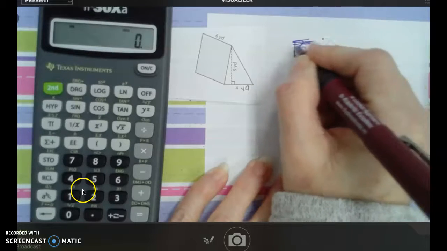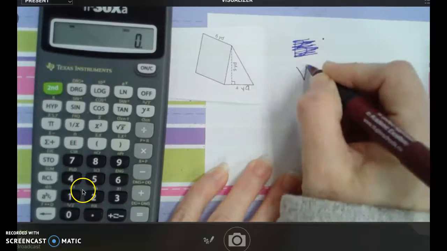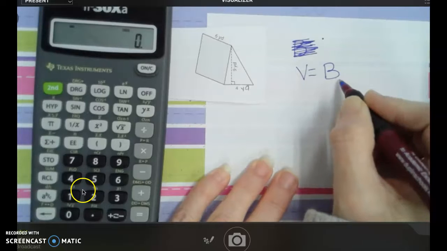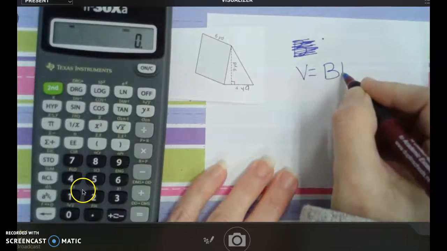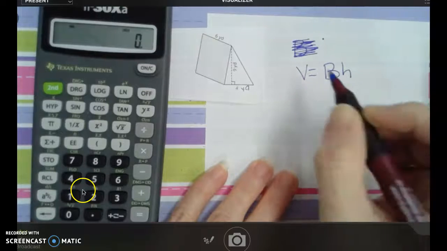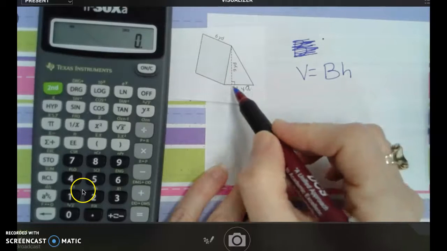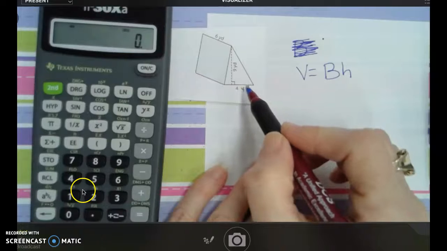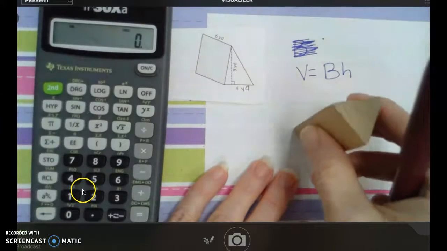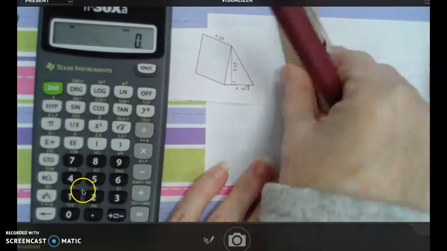I was thinking about the area of the base, sorry. Volume equals the area of the base, capital B, times the height. So remember, the base is always a triangle. Even though it doesn't look like it's sitting on that triangle, that's really the base part. They just took this shape and laid it down, okay?